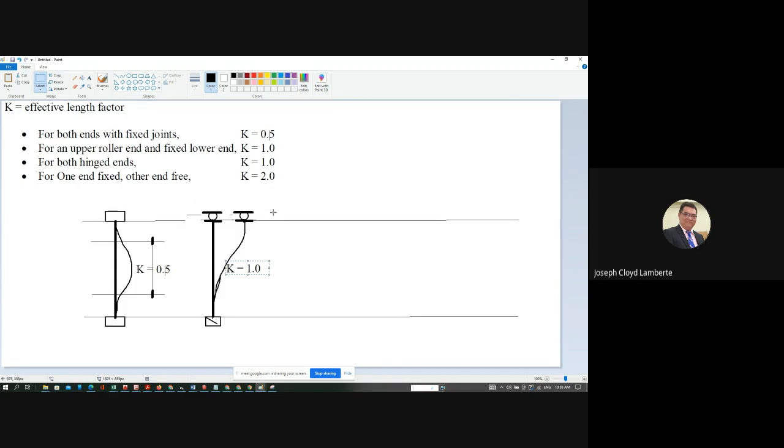If both are hinge, meaning hinge siya tanan, yung curvature ana is ingani pod.